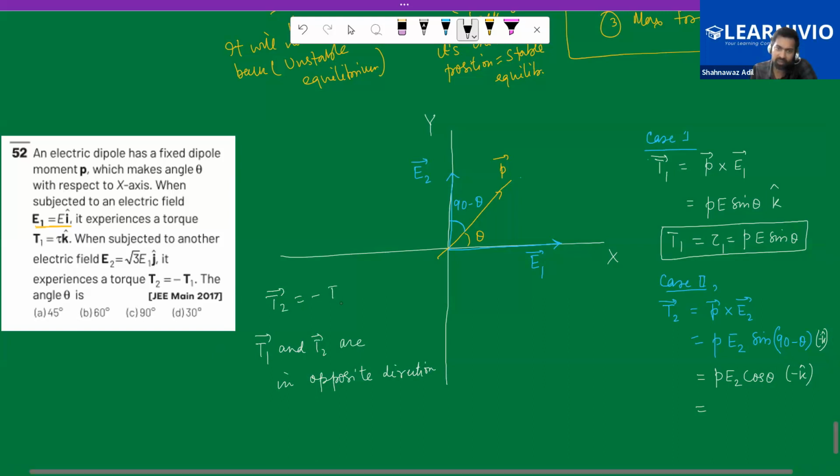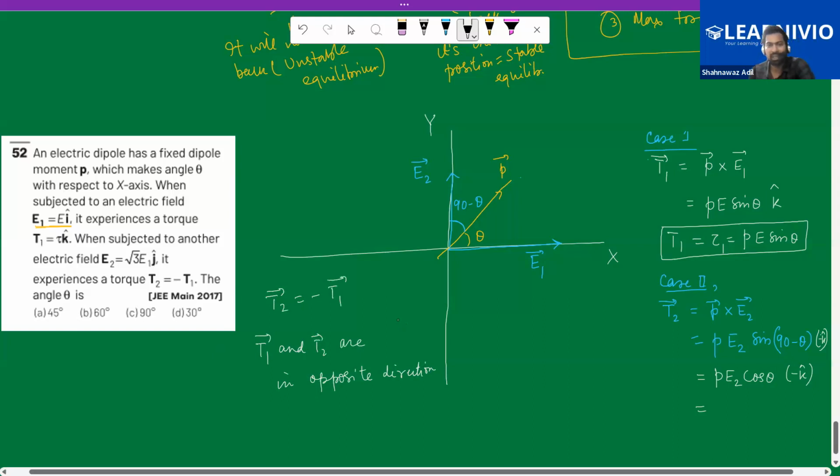This is the first piece of information. The second is that the magnitude of T2 is equal to T1. Are these two points clear to you?